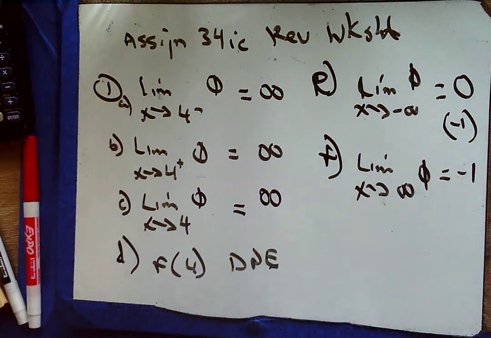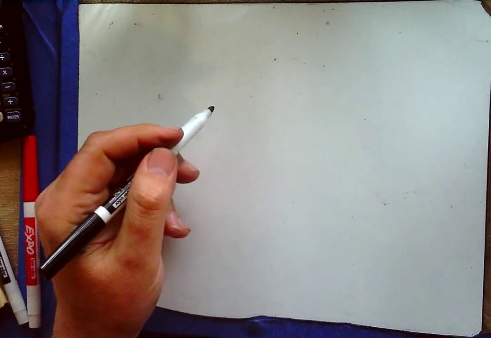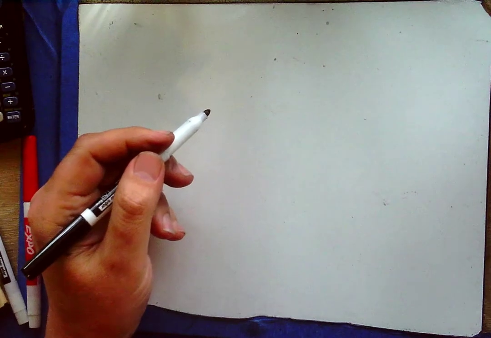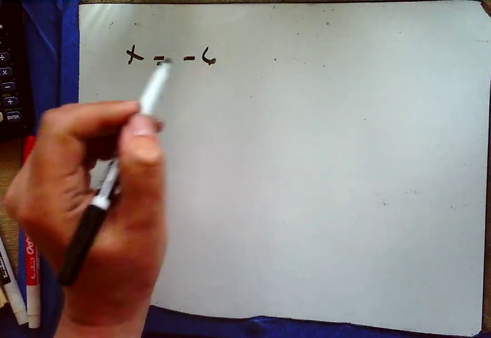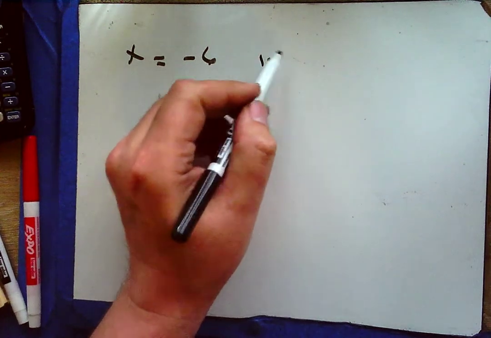How about question 2? Question 2 says, consider the function f below. For what values of x does the limit not exist? Well, so I think the limit does not exist at x equals -6 because I have that infinite discontinuity.